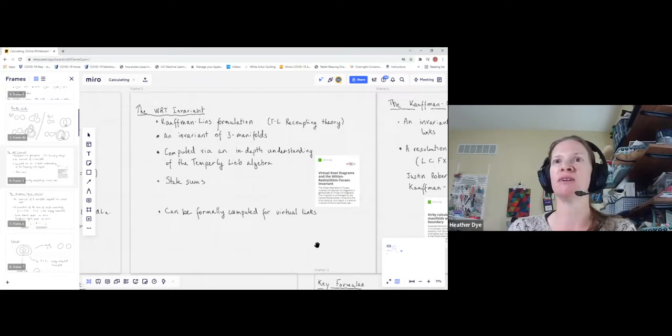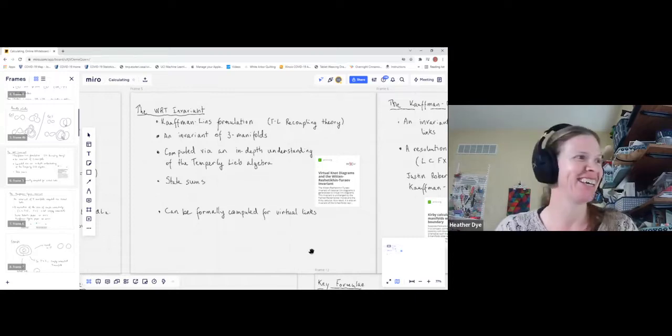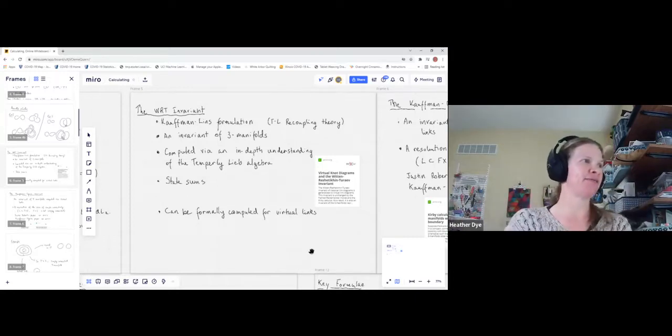Since I recognize most of the people, I'm assuming that you're familiar with that alternate viewpoint, that you can look at virtual links as knots and links embedded in surfaces cross I. Correct me if I'm wrong, by the way, if anybody needs a refresher there.